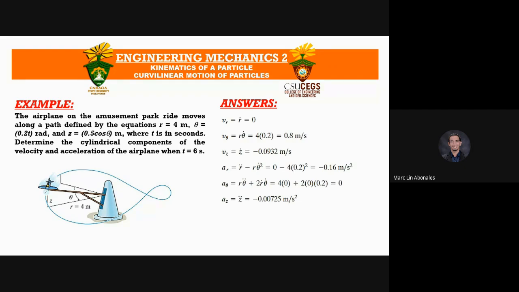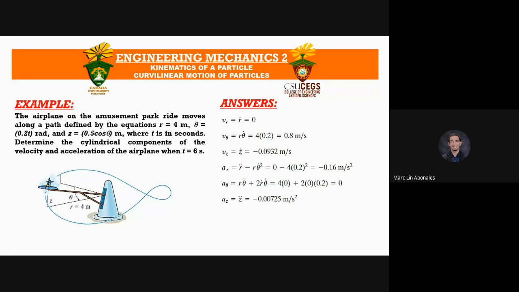So we have r is equal to 4 meters, theta is equal to 0.2t radians, and z is equal to 0.5 cosine theta meters, where t is in seconds. So what we need to determine are the cylindrical components of the velocity and the acceleration of the airplane when the time is equal to 6 seconds.